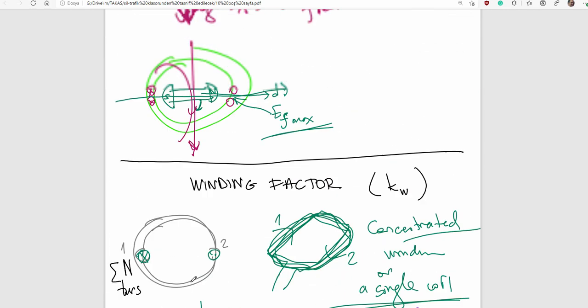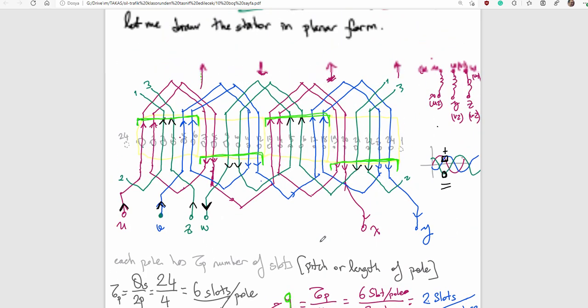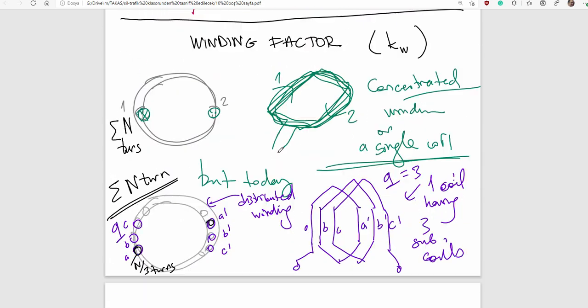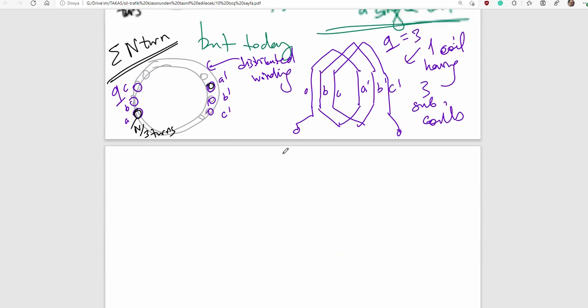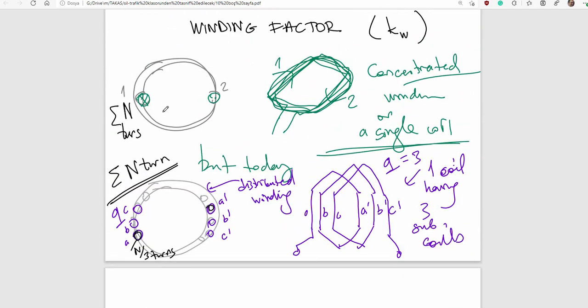Now, ladies and gentlemen, we know about the electrical phase displacement between the EMFs in the adjacent slots. Those are the EMFs between adjacent slots. So in the first one, those will be connected in series.